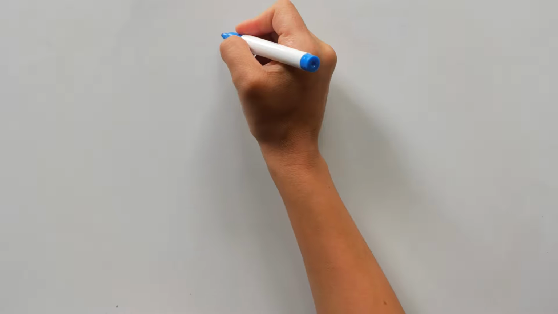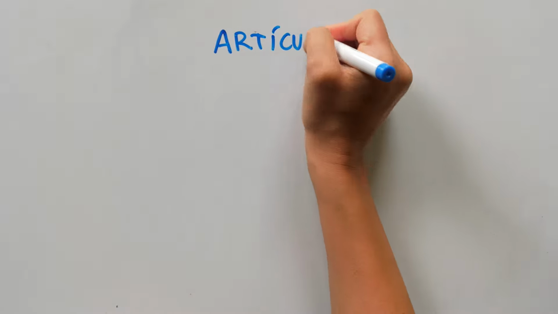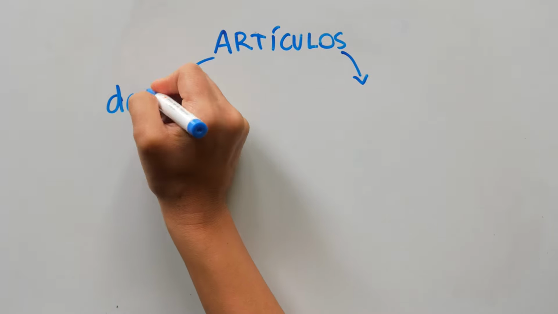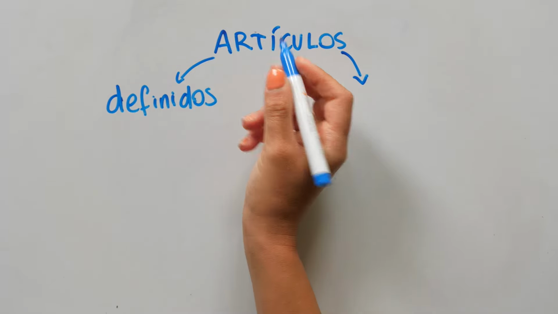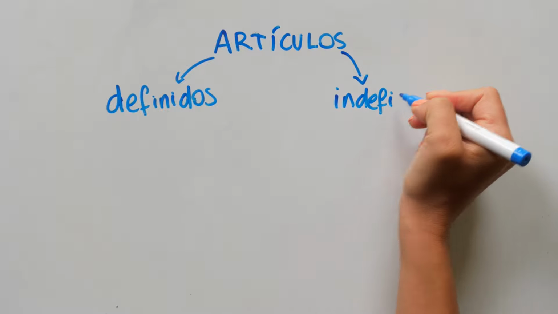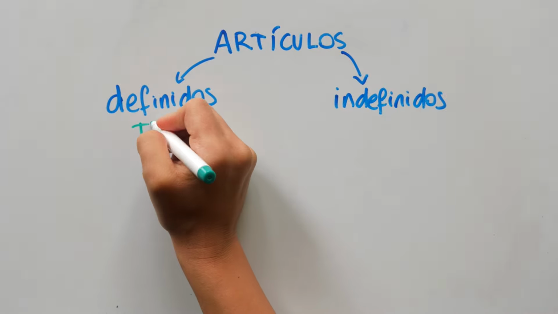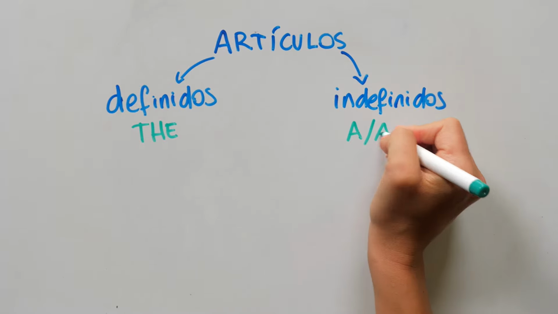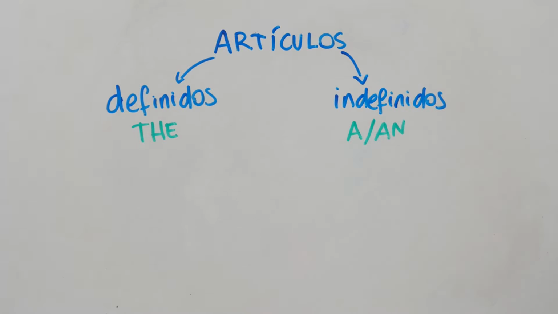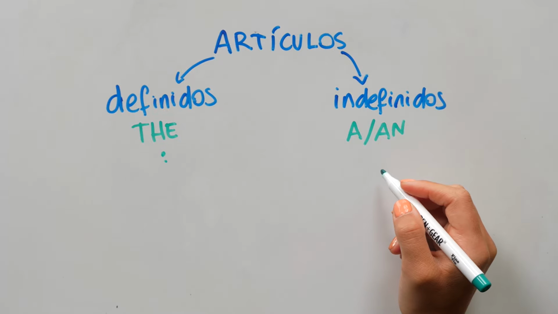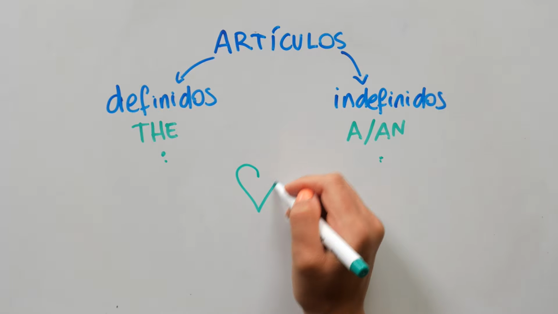In this case, Spanish classifies articles the same way as English does. So the articles are going to be definidos, like the, or indefinidos, like a or an. It's a more broad or vague way of speaking. For example, I go to the hospital, I'm referring to one hospital, or I'm sitting on a chair, any chair.